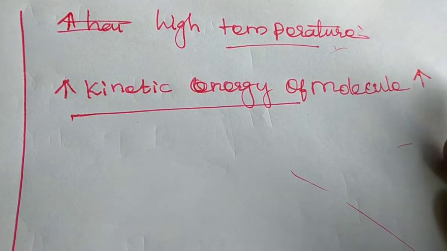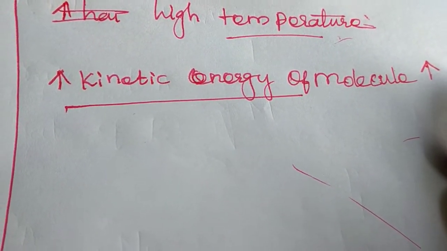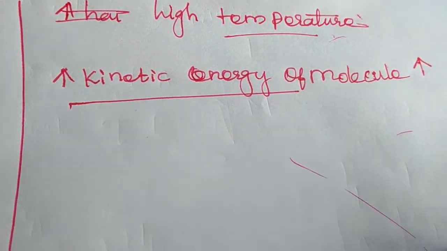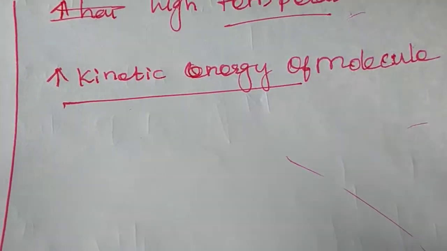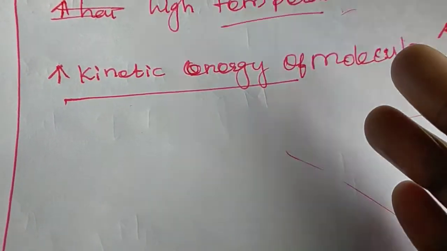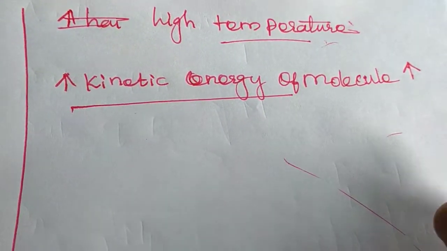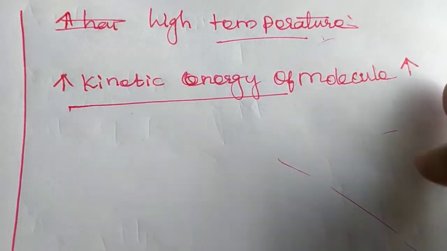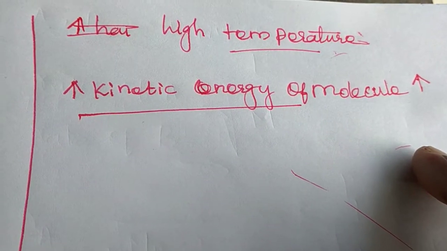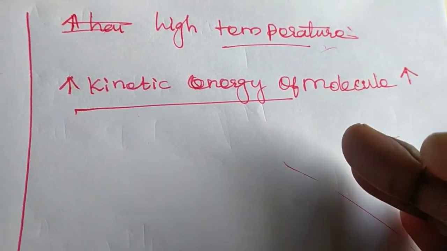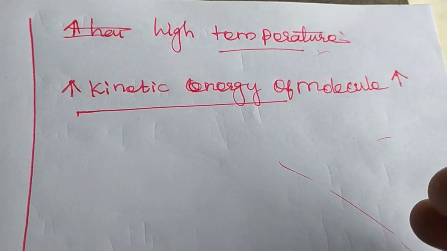Why? If we apply the temperature, they will move. But when we decrease the temperature, it will show some physical changes. So they have less kinetic energy because of the reduced temperature.